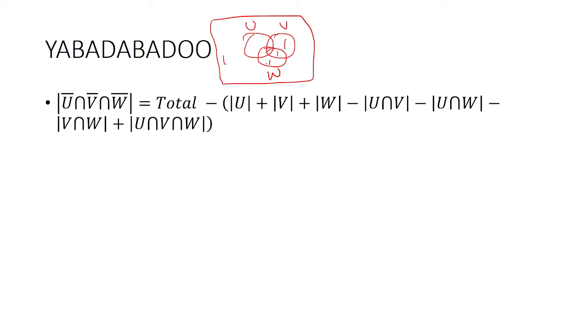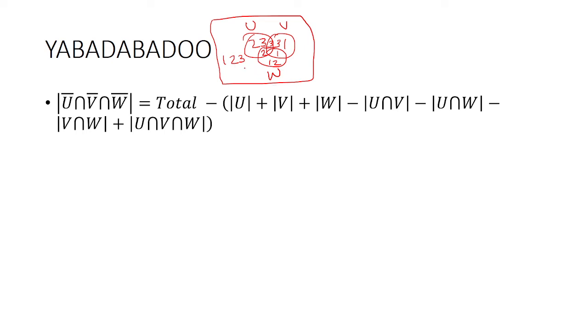Everything that's not V is going to be 2. Everything that's not W, I'm going to label as 3. Now we're looking for the intersection. So where do 1, 2, and 3 intersect? Well, that's going to be outside of U, V, and W.